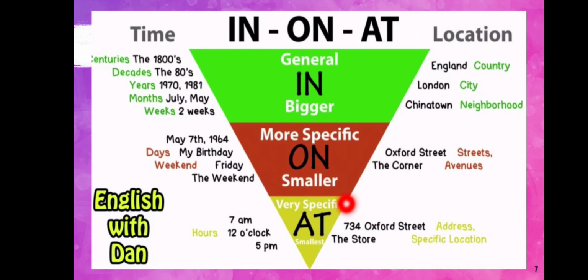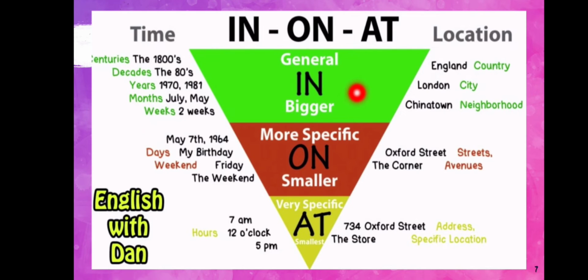Whereas in location we can use the word at for very specific places. For example, at 734 Oxford Street, at the store, right? When we give a specific thing, we have to use at.